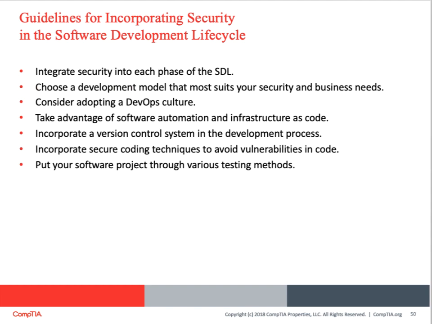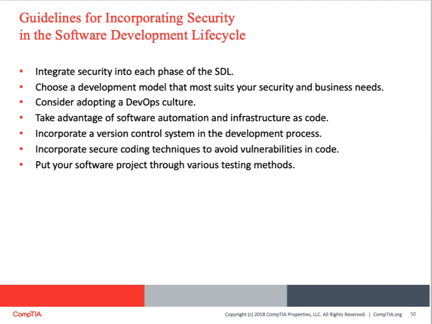When it comes to incorporating security in the software development lifecycle, we're going to want to integrate security into each phase of the SDL, the software development lifecycle. You may also see it referred to as the SDLC. We want to choose a development model that most suits our security and business needs, and consider adopting a DevOps culture in order to integrate software development with our systems operations.